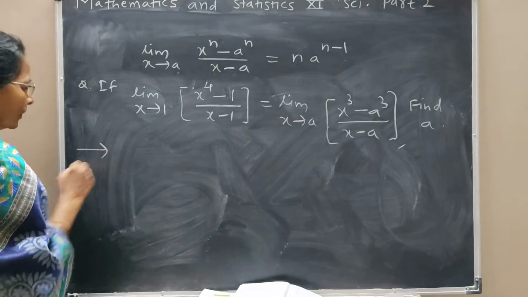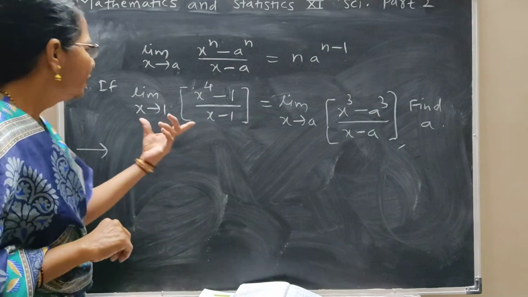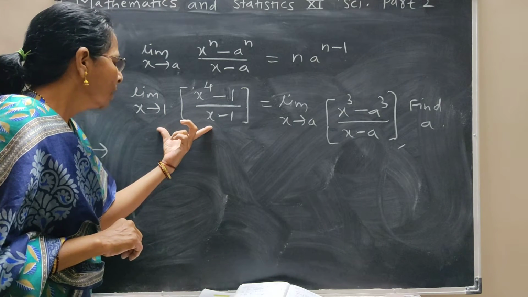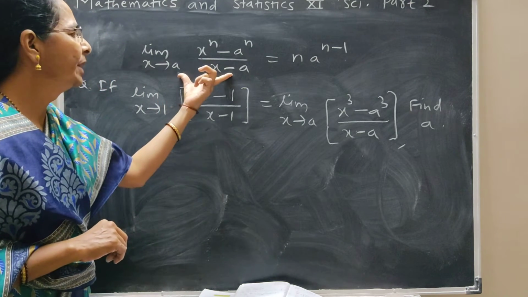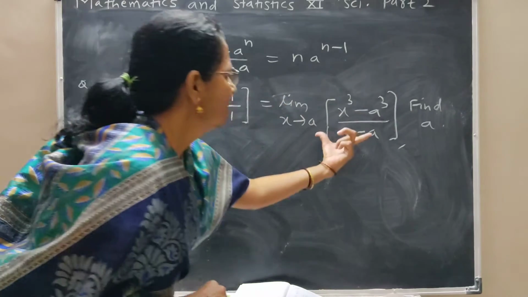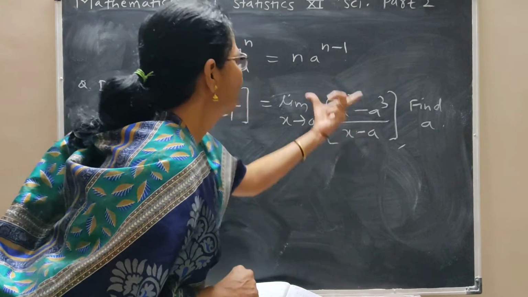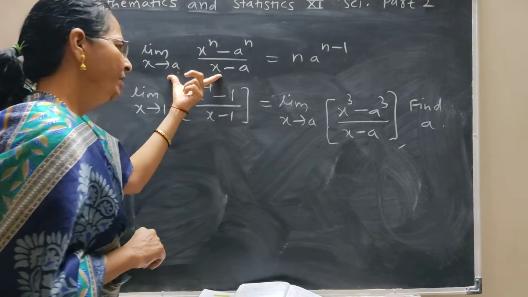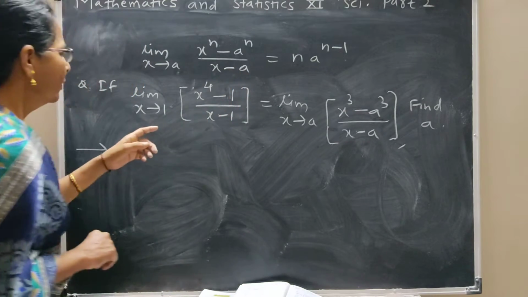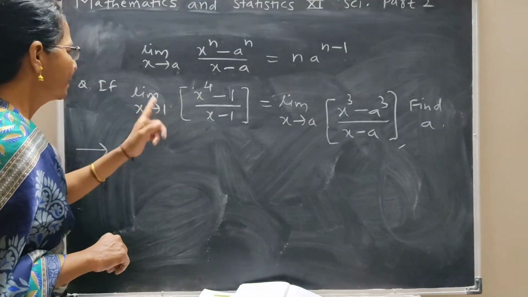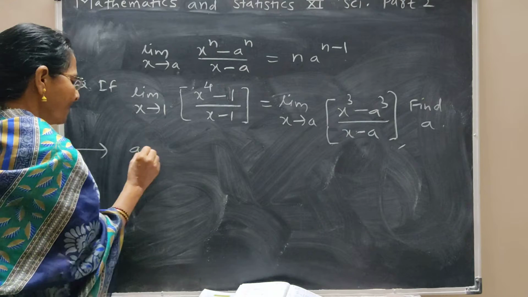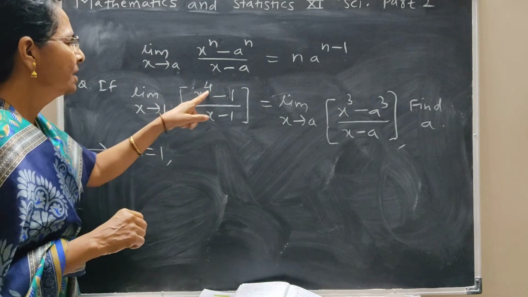So for solving this, compare this limit with that limit and find values. Here first, a is 1, n is 4.